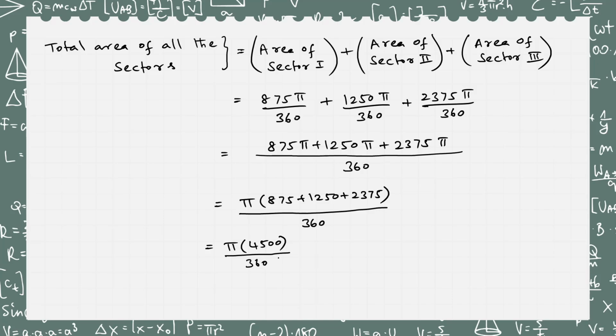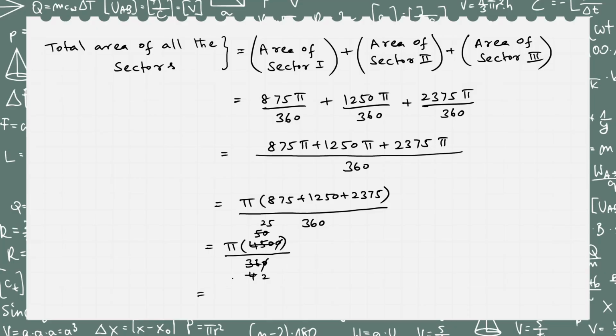Now we can try cancelling 4500 and 360. So the 0 will be cancelled and we can cut with the 9, right? 9 4 times here, 9 5 times and a 0, and again we can cancel with a 2.